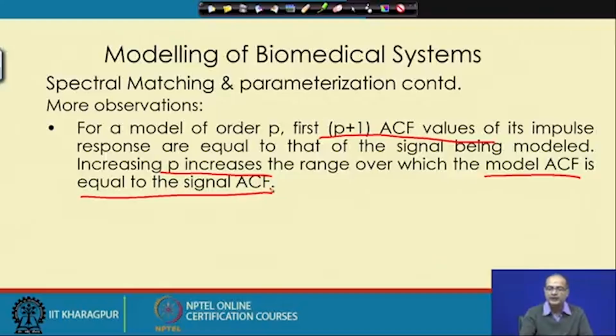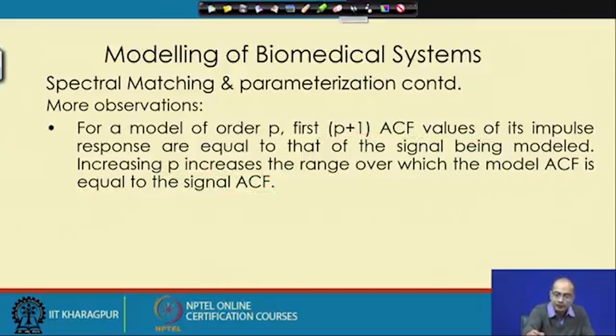First we are matching with P plus 1 ACF starting from 0, and as the order is increasing, the ACF of the filter impulse response and that of the signal, we are finding a match. So, in that way, by increasing the model order, we are getting the same value for the filter ACF as well as for our model ACF.